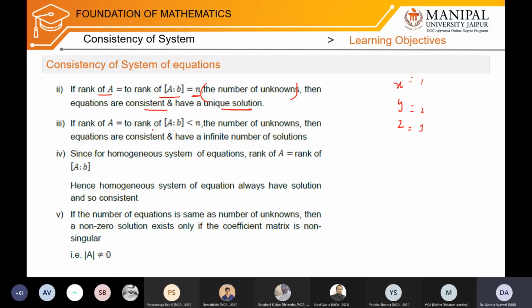If rank of A equals rank of augmented matrix is less than n, the number of unknowns, then the equations are consistent and have infinite number of solutions. What is infinite number of solutions? Let's say if I get a result like x equals y. In that case, I have infinite number of solutions because the value of x and y could be 1 or it could be 2 or something like that, right?